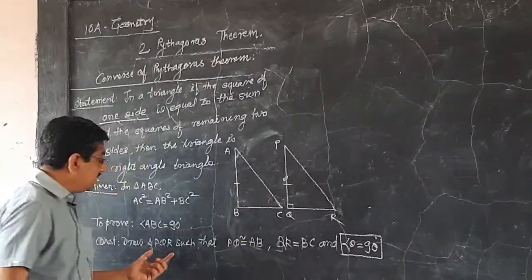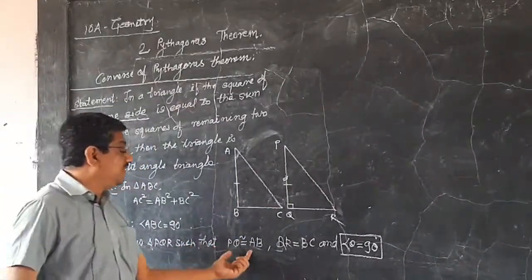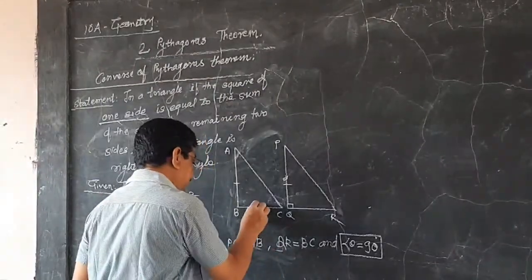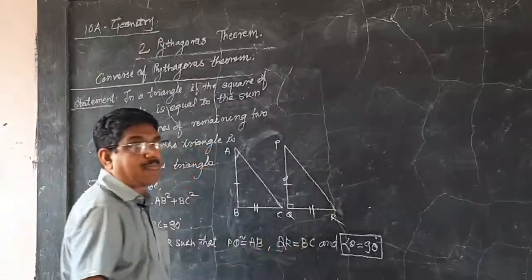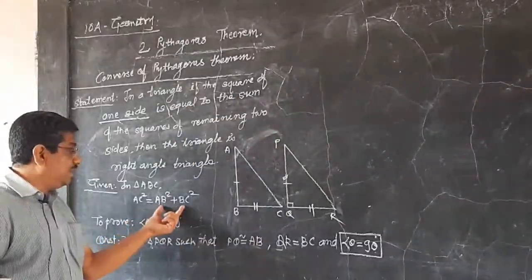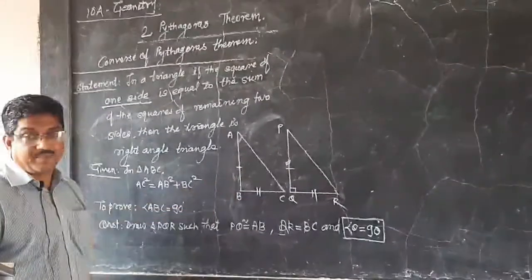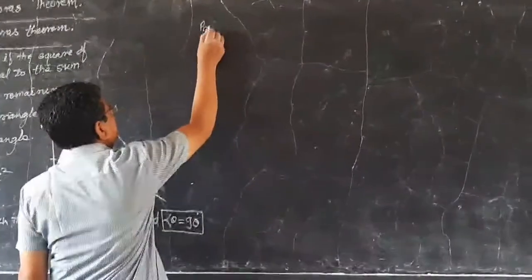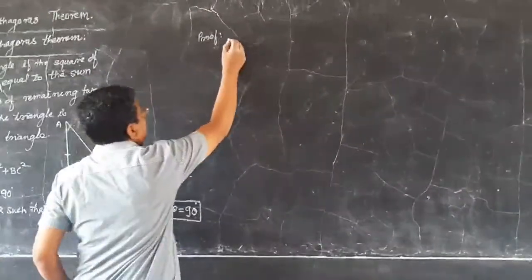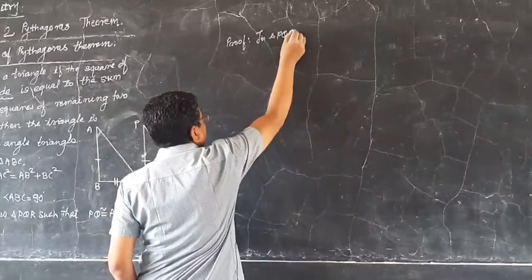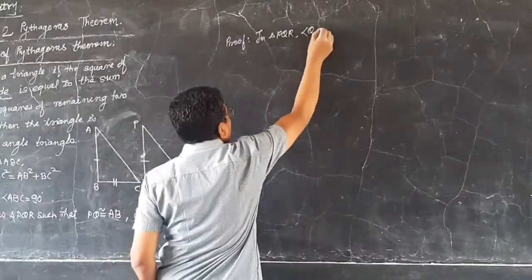We have constructed the triangle PQR such that PQ is equal to AB, QR is equal to BC. And it is given, AC square is equal to AB square plus BC square. Now then see, proof. In triangle PQR, angle Q is equal to 90 degrees.